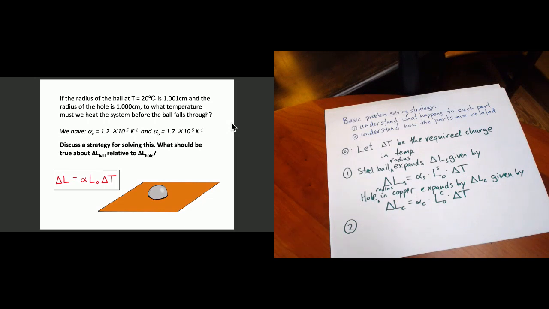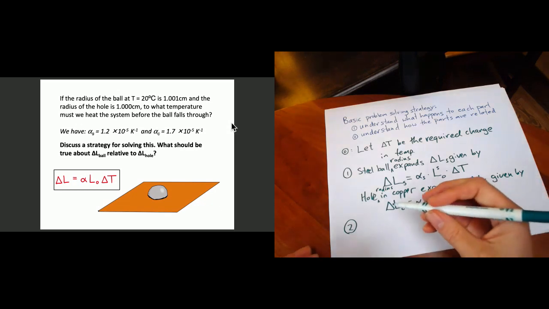Now we have to ask ourselves, what needs to be true about those individual changes in length in order for the conditions of the problem to be satisfied? What we have is a steel ball that's originally 0.001 centimeters bigger than the hole in the copper plate. Both of those things are going to change: the size of the steel ball, the size of the hole in the copper plate. What we want is for the hole in the plate to expand enough so that the ball can fall through.